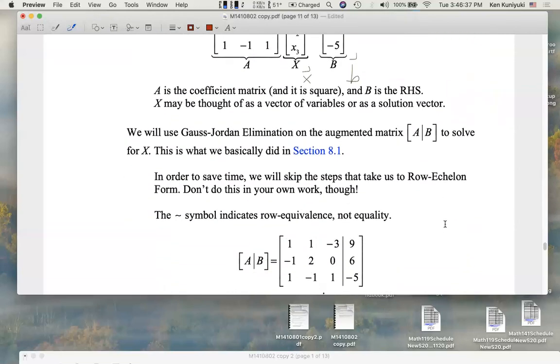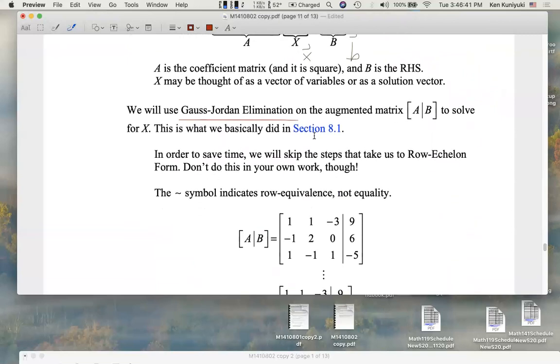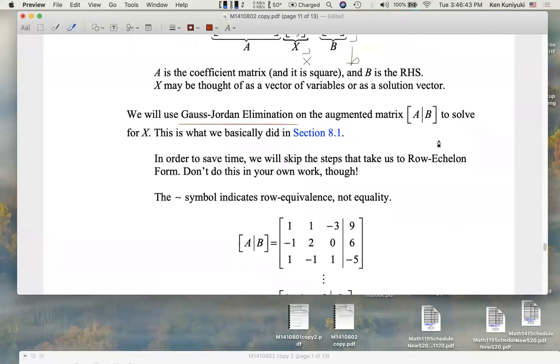Now, what if we perform Gauss-Jordan elimination to A slash B? Again, it might be using this vector notation. So Gauss-Jordan, that means that we have to take this thing to reduced row echelon form. We want to go to that. And it's unique.